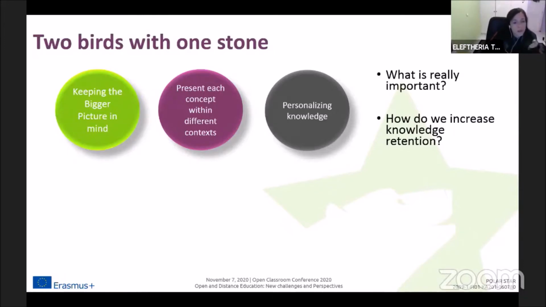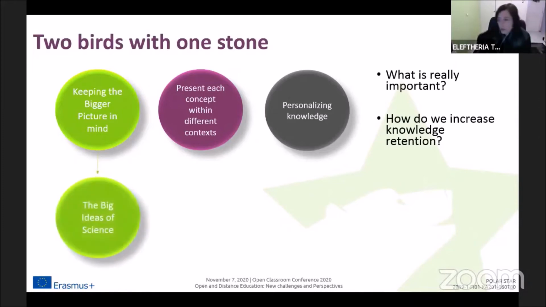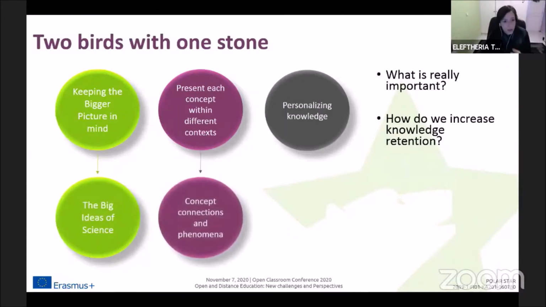So when we're talking about keeping the bigger picture in mind, what we're really referring to here is the set of big ideas of science that I talked to you about. And when we talk about presenting each concept within different contexts, we're talking about connections between concepts, especially concepts that come from different disciplines and their connection to interpreting phenomena.